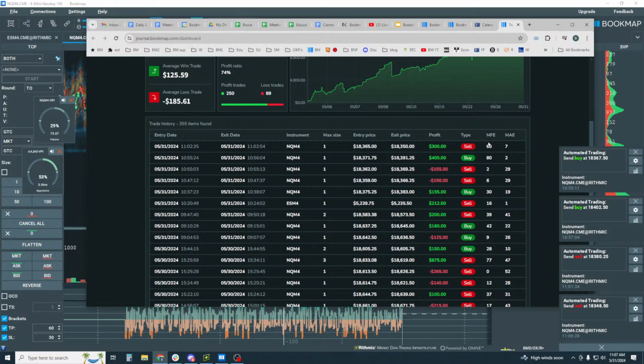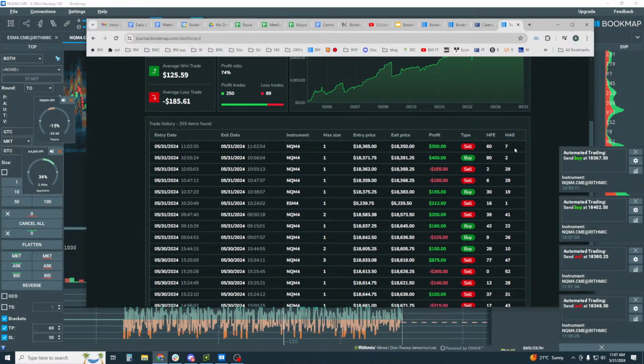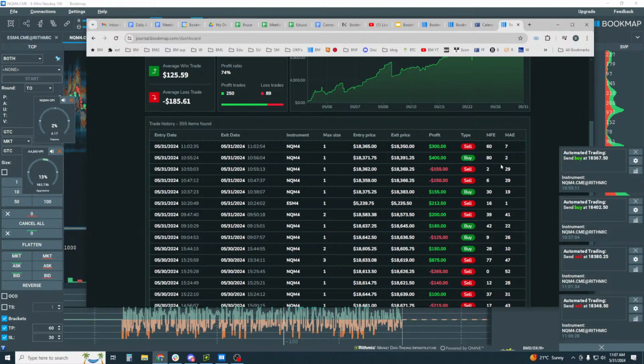This is what Donkey Face went through and he says, I don't like taking heat. This is the heat part right here, the MAE, maximum adverse excursions. Okay, now you can see some of these others in here I took quite a bit of heat. There are some losers in here, but this is the goal. Maybe this is a little too lofty of a goal, but something around here. Definitely like 2 to 3 times.